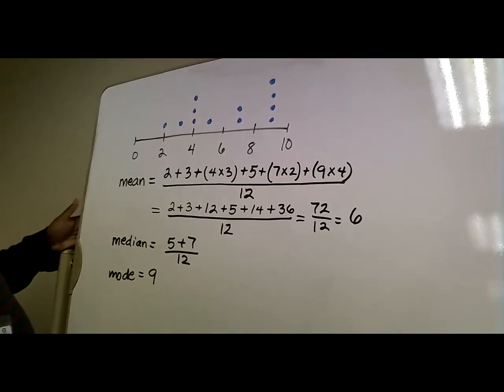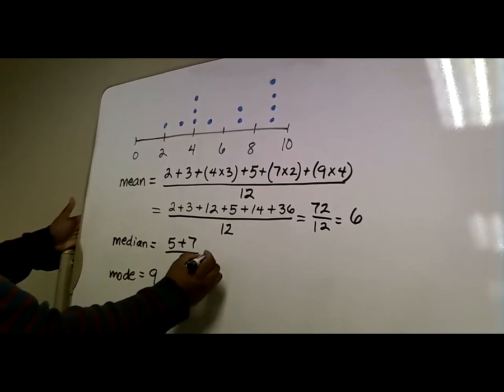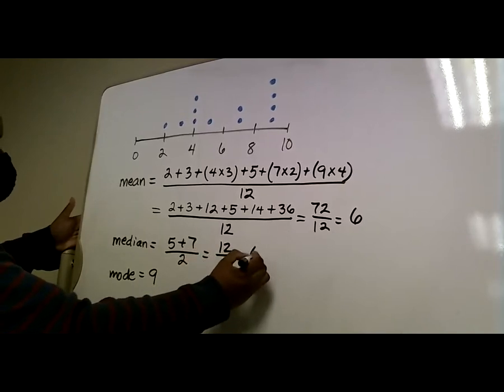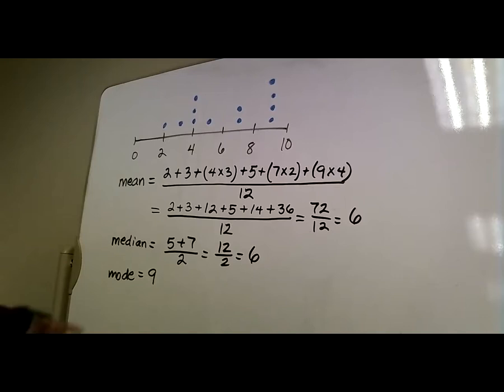So 5 plus 7, well, divide by 2, not 12. So 5 plus 7 is 12. 12 divided by 2 is 6. So the median is also 6. Okay. And of course, the mode is the most frequent data value, that is 9. Okay. So that's how we found the mean, the median, and the mode of this data set.